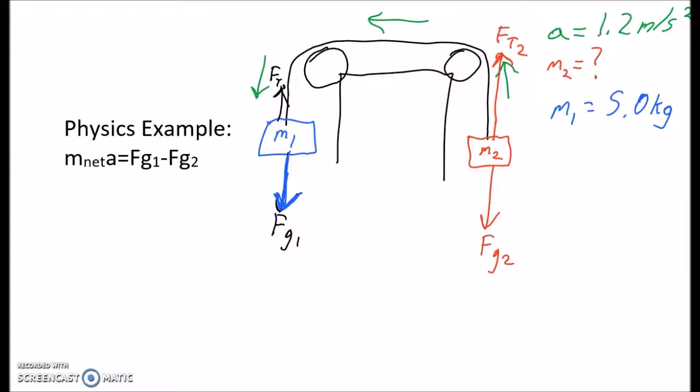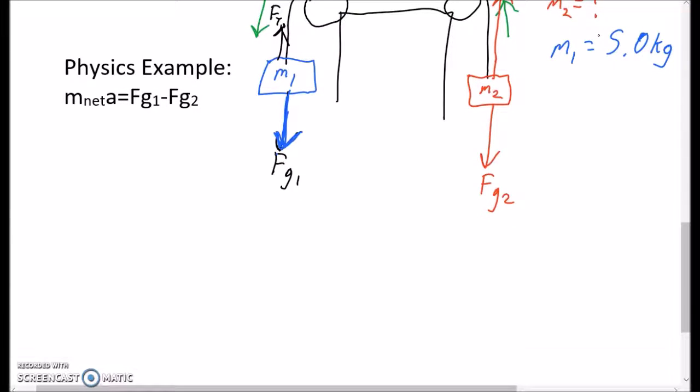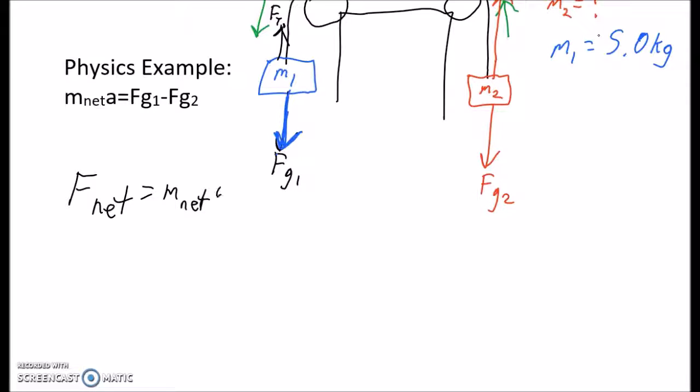Because we know that it's accelerating up at mass 2 and down at mass 1, I'm going to write the classic physics, two physics things, the Newtonian mechanics. F net equals m net a, and I'm going to write the other one, which is where this is going to start coming into effect.